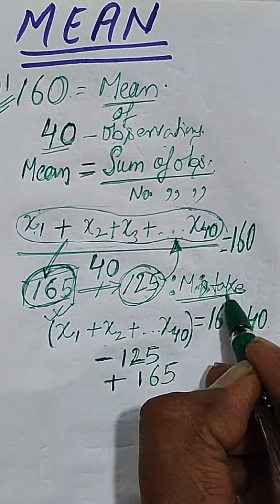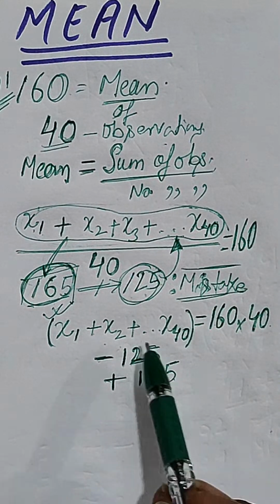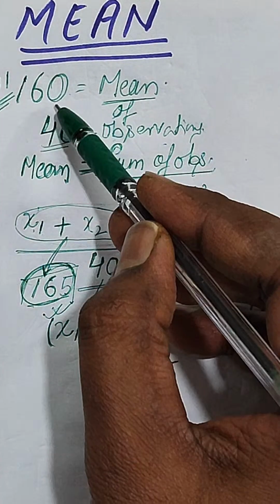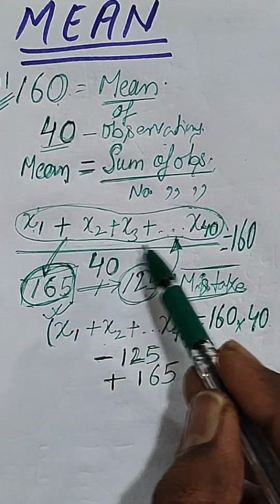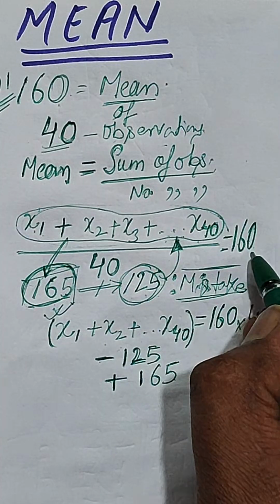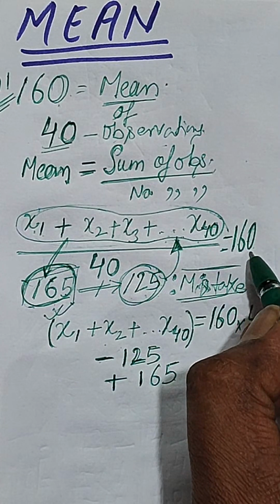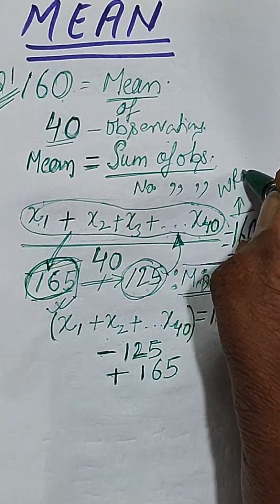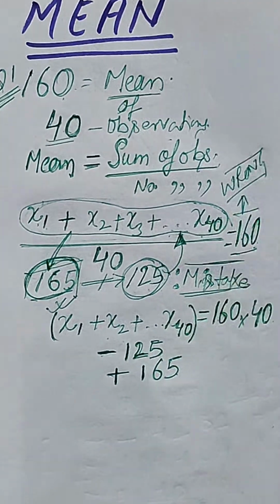So my dear friends, what we did is find the sum of the observations from the given value, that is, 160 was the mean calculated with wrong data, right? Is 160 the right mean or wrong? Definitely this mean is wrong, because it was calculated with wrong data.